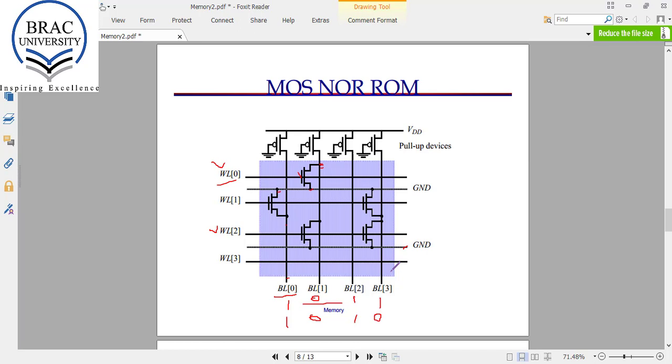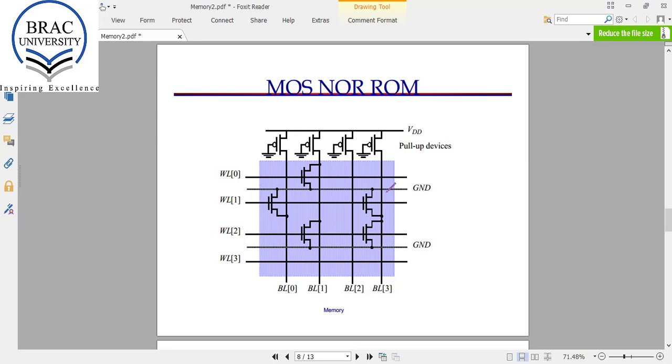Now if I want to prepare a ROM, or want to write or program a ROM, how can we do this? I'll discuss it now. At the beginning, when the chip is fabricated, a transistor is fabricated at every junction of this chip.